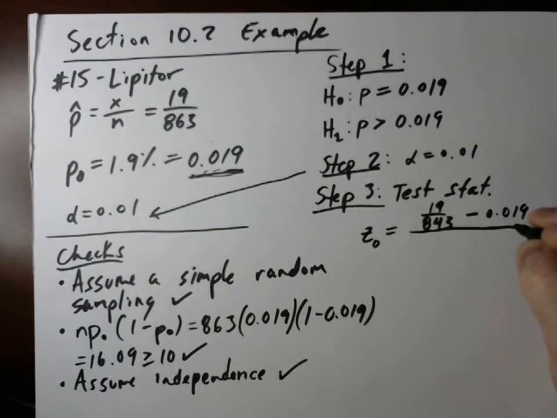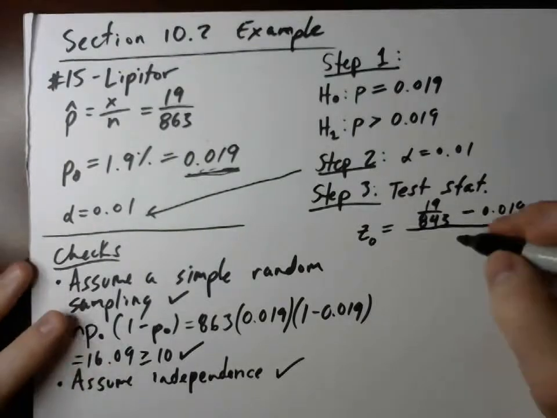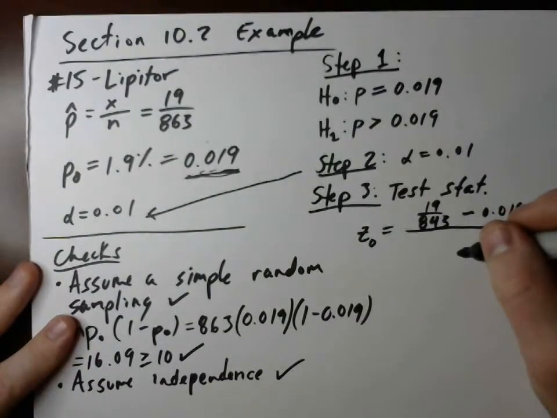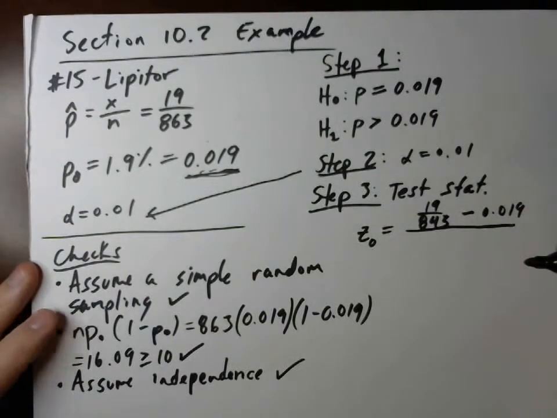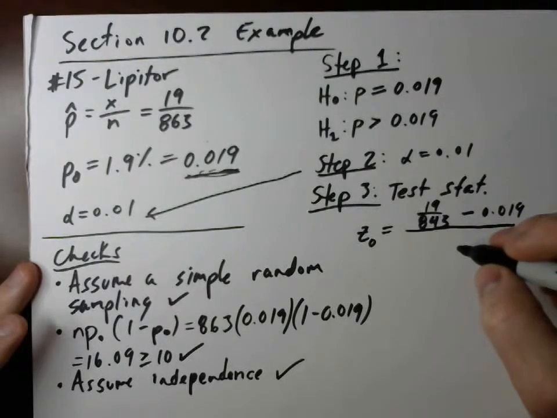Like always with z-naught, we have to divide by a standard amount, so we can figure out how many units it is from here to here. That's why, using terminology from chapter 9, we're dividing by the standard error.